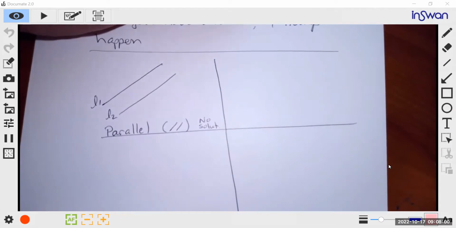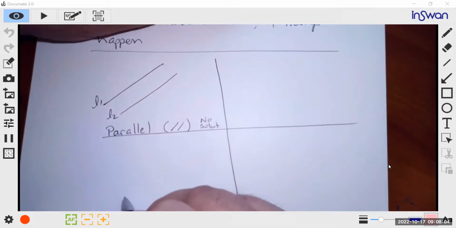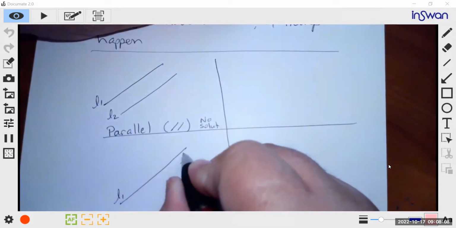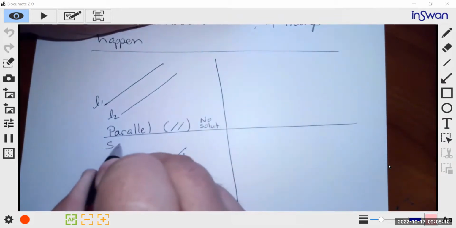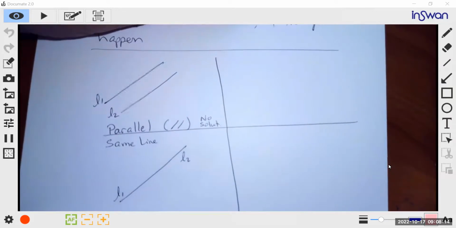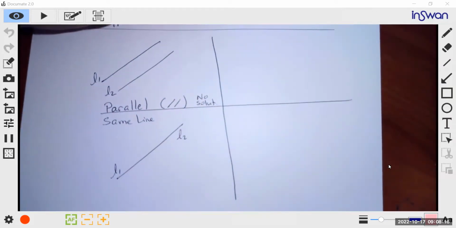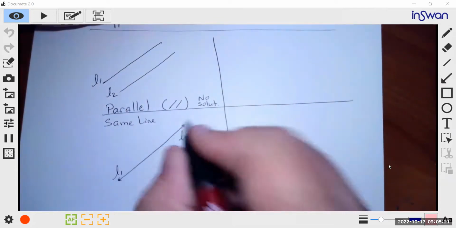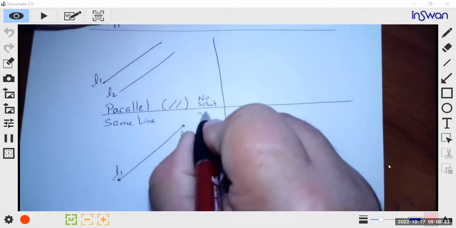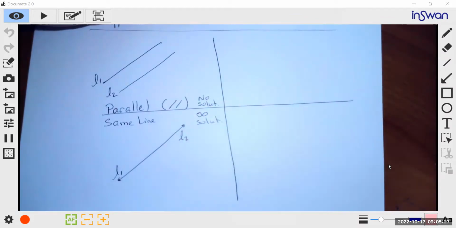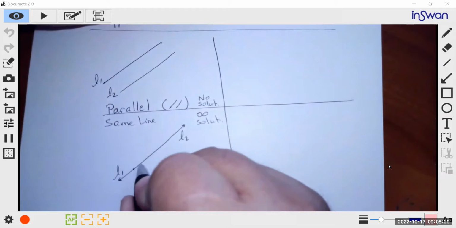Those are your solutions. They can be the same line. Line 1 and line 2 could be exactly the same. There you have infinite solutions. Because each point is a solution.